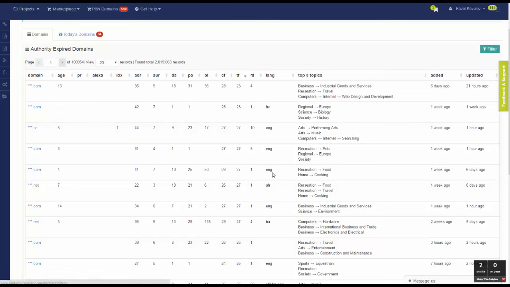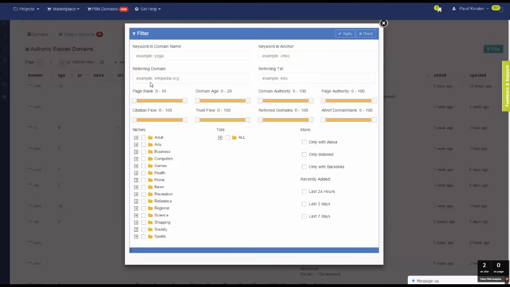So there's a filter. You can search by keyword in the domain name. You can filter by all possible metrics: domain rank, domain age, domain authority, page authority, citation, trust flow, number of referring domains, Ahrefs domain rank. This is all a major indication of authority. You can also filter by niche or topical values, by Majestic.